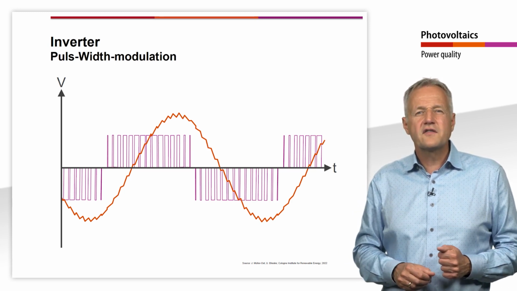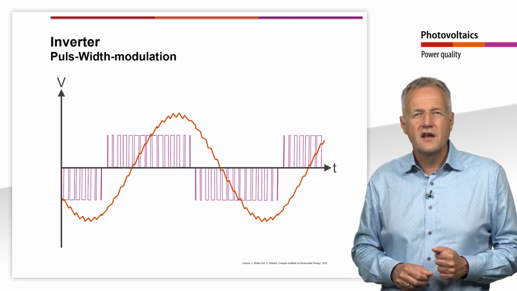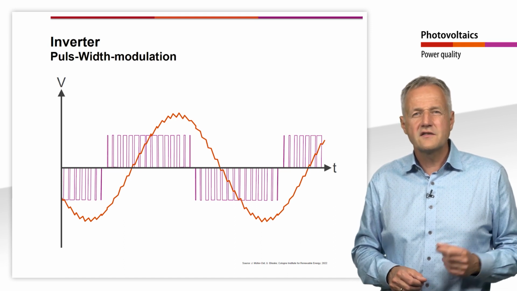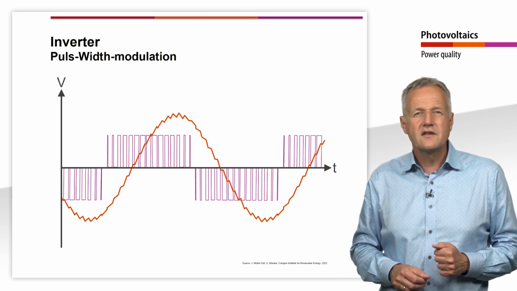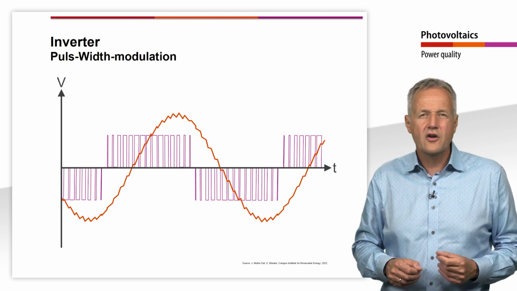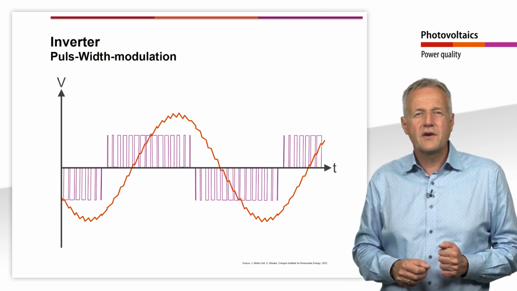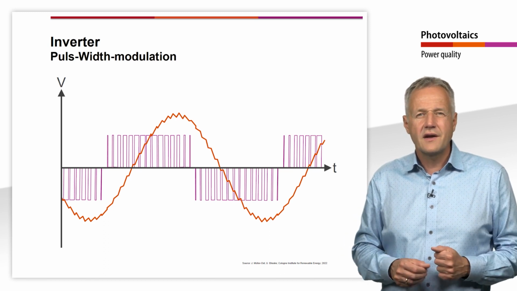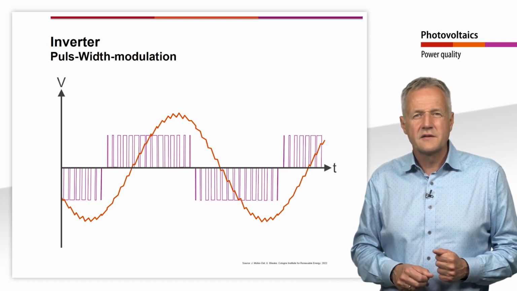However, even if the output signal of an inverter has only a low distortion, the THD of an entire system can be higher, since the harmonics supplied by the inverter are combined with the harmonics generated by the loads in the system. In the worst case, resonances can occur here.